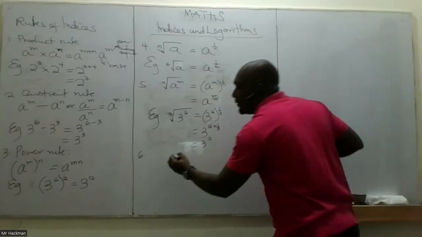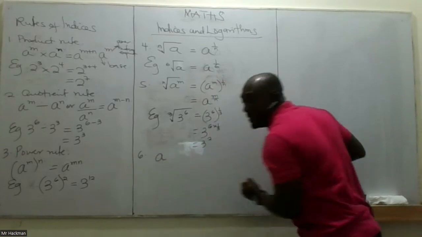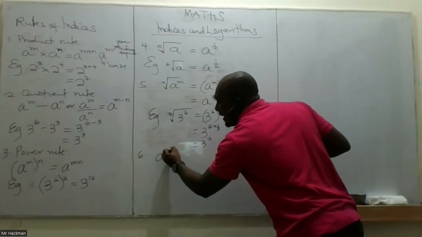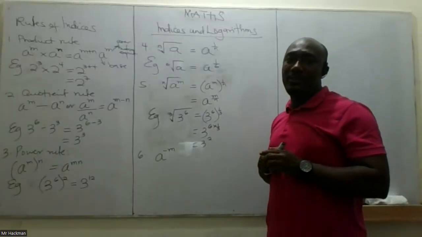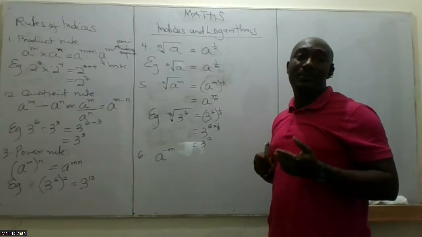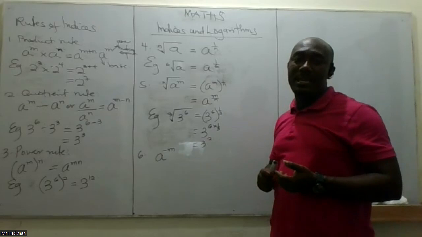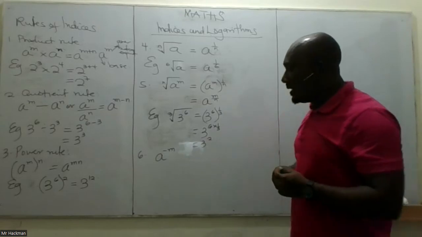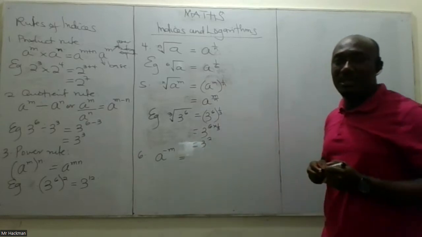So now let's look at a to a negative exponent. So far all our exponents are positive, but your exponent can be negative as well. In a situation where your exponent is negative, what will this give us? It's something that you know.